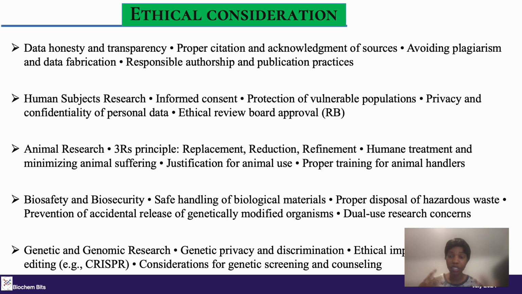They don't joke with it when it comes to ethical consideration in animal research. You also have to show that this research is very important, that it's important that you use animals, and you handle your animals appropriately following the standard protocol.